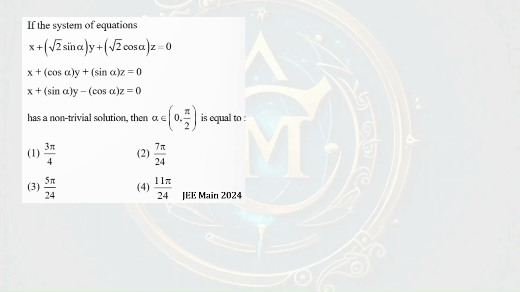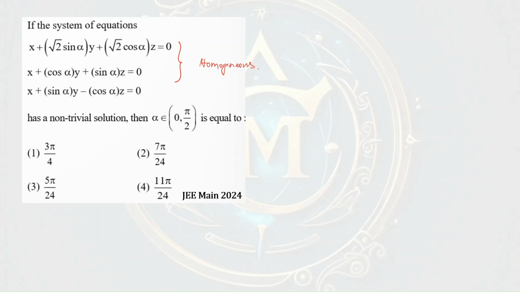Now, this question was asked in JEE Main 2024 from the topic of system of equations. Here it says, if the system of equations has a non-trivial solution, then alpha belonging to open interval 0 to pi by 2 is equal to, and alpha is to be determined. So here it is a homogeneous system.